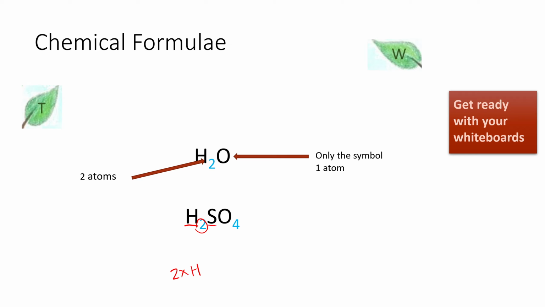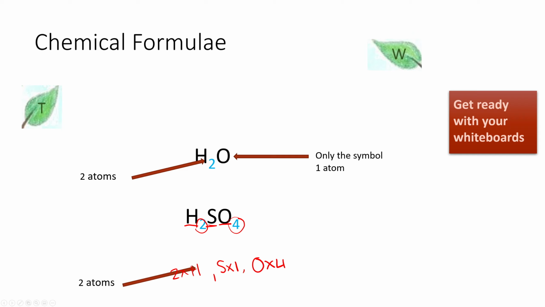This sulfur here, the S, doesn't have a number, so that means there's 1 sulfur atom. And if I look at the oxygen, which is the next element, I've got a number that follows the oxygen, which is a 4. So I know that my oxygen, I have 4 atoms.